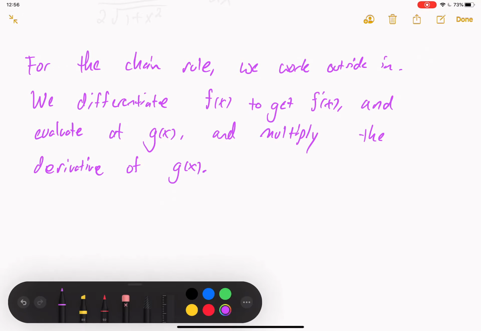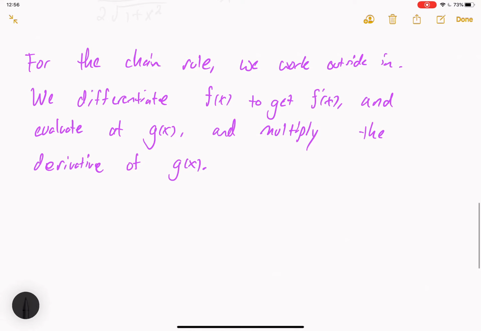All right, so really what's going on is we're differentiating the outer function. So remember, it's f composed with g, or really it's f of g of x, like this. So we're differentiating this to get f prime, and then we evaluate it at g of x, and we multiply by the inner function.